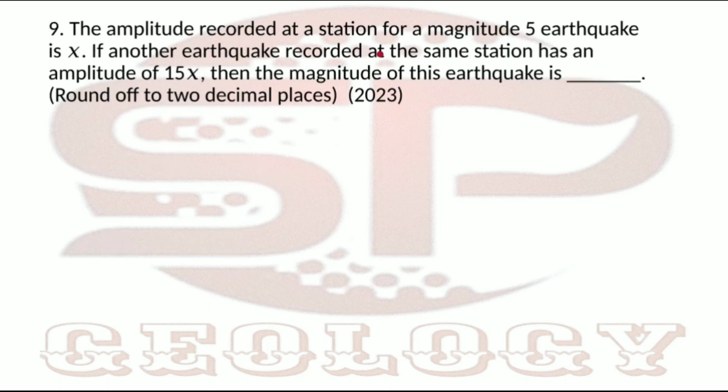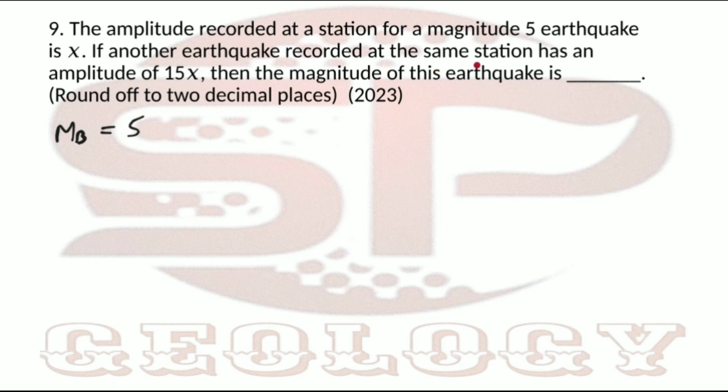The amplitude recorded at a station for a magnitude 5 earthquake is x. If another earthquake recorded at the same station has an amplitude of 15x, then calculate the magnitude of the earthquake. First, the magnitude given is 5, so take that as Mb, which is 5.